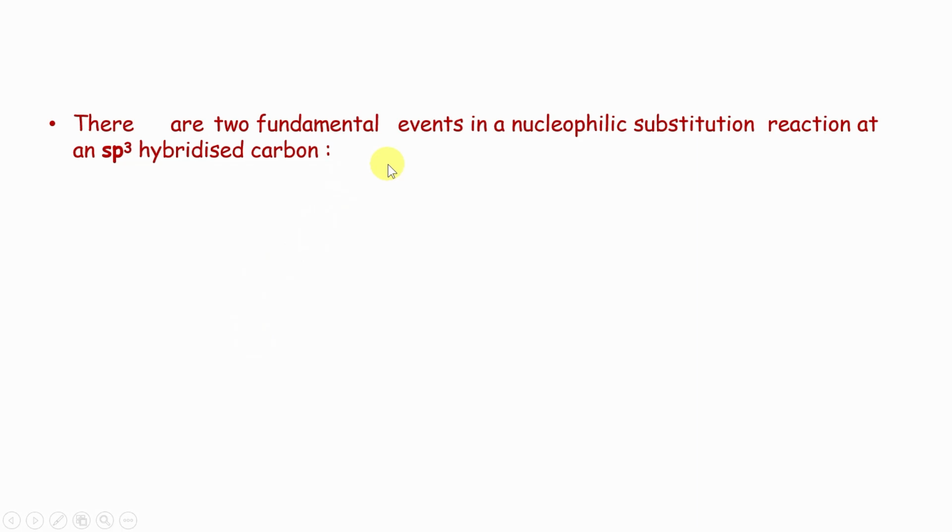There are two fundamental events in a nucleophilic substitution reaction at an sp3 hybridized carbon. The first is breaking of the sigma bond to the leaving group. The sigma bond between the carbon atom of the substrate molecule and the leaving group gets broken in the first event.